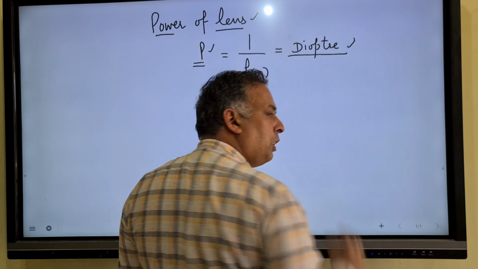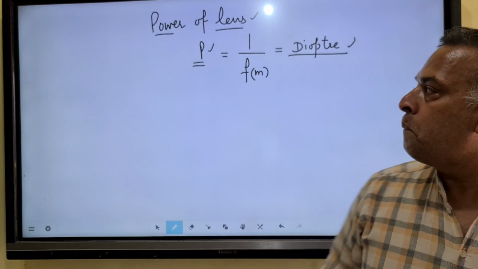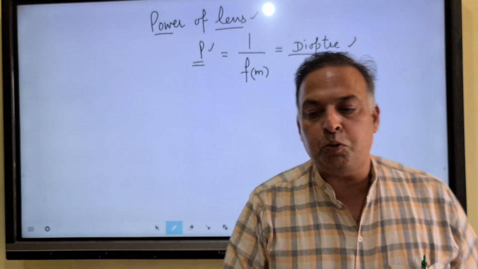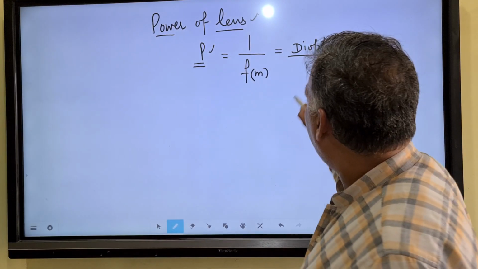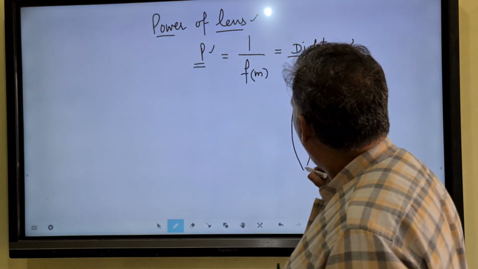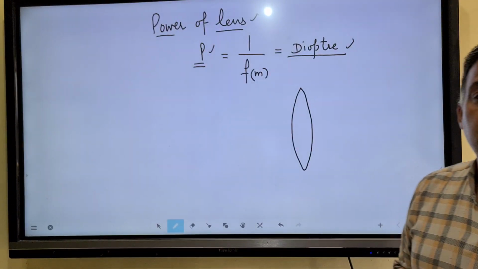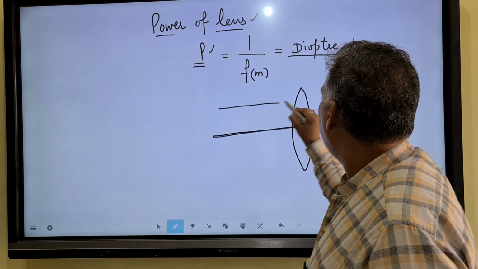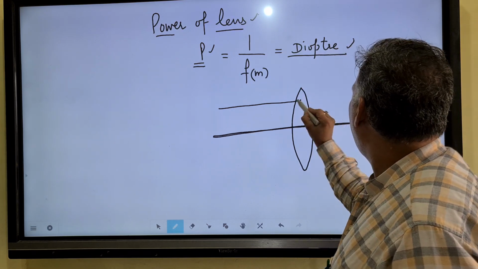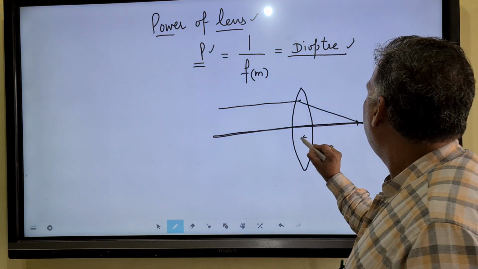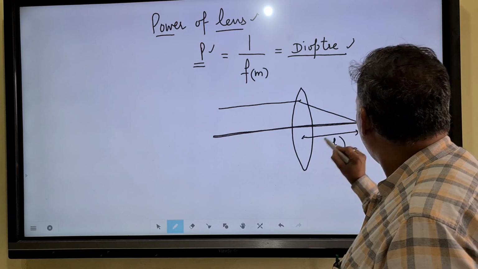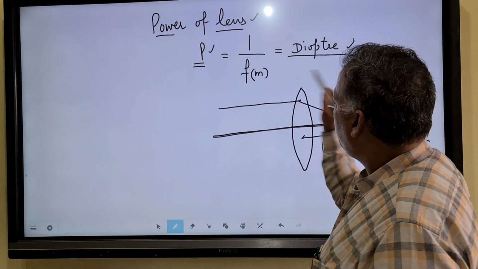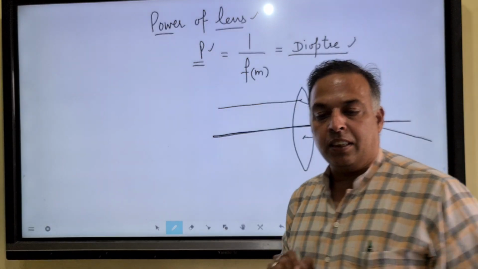This power must be in diopter. Power unit is diopter. If this is a biconvex lens and this is a principal axis and this is a ray that will pass from the focus, this is the focal length. I take the inverse of this focal length, this becomes the power.